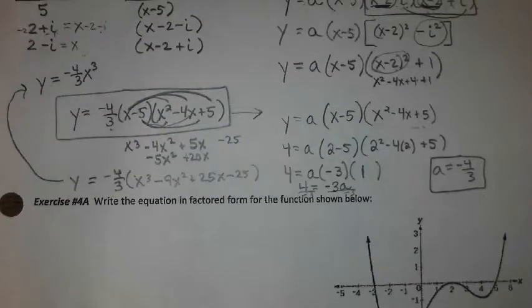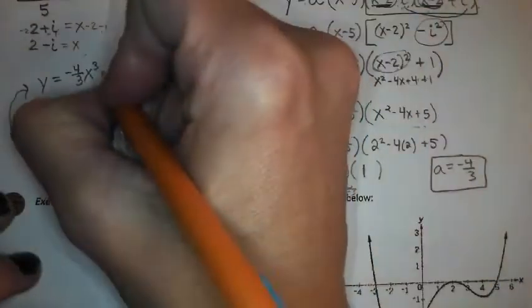How many thirds? Negative 4/3 times negative 9 is 36 thirds, right? What is 36 thirds as a whole number? 12. So that's plus 12x squared.